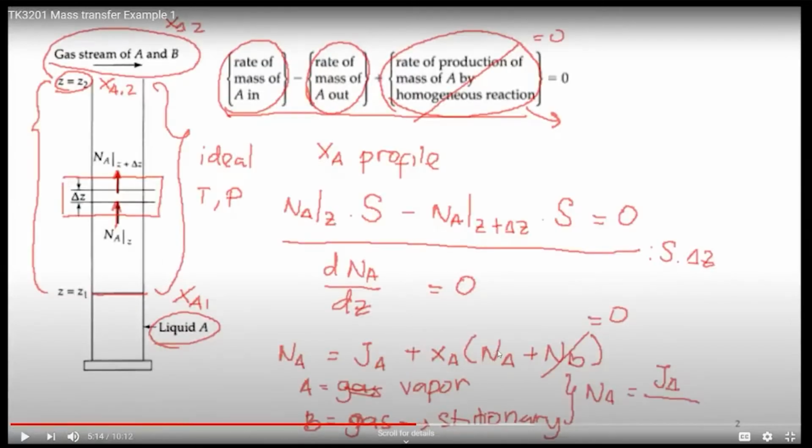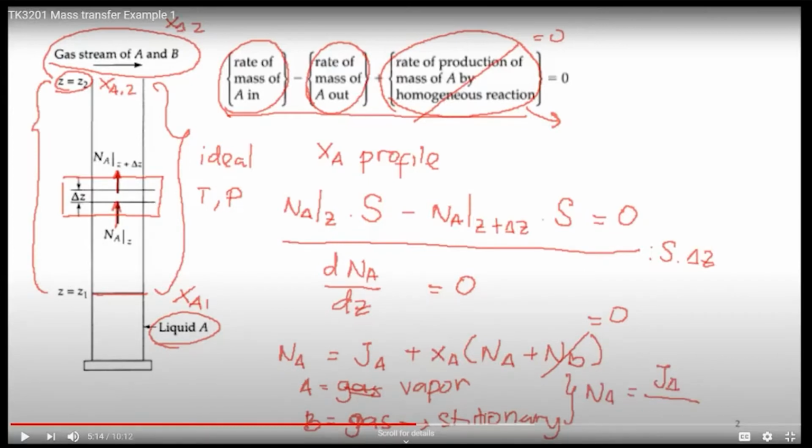Question, please. Yes, ma'am. I don't get why the gas is stationary when there is a gas stream. Basically, what we are looking at is just the XA profile between Z1 and Z2.